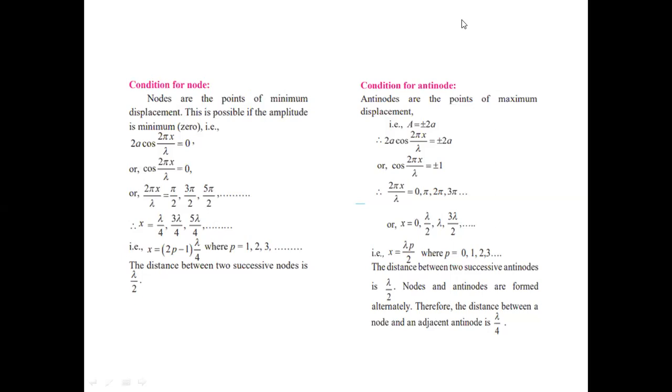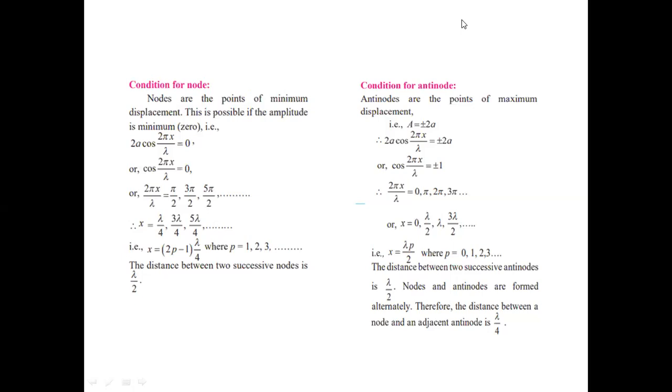Let us see one example. You can consider any two successive antinode points, that is lambda upon 2 and 0. If we take the difference between these two, it comes out to be lambda upon 2. Let us consider the next example.